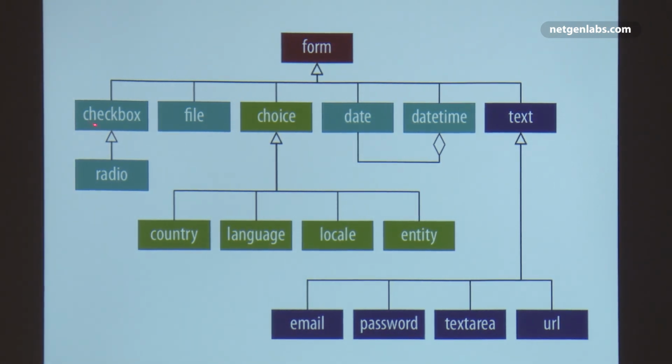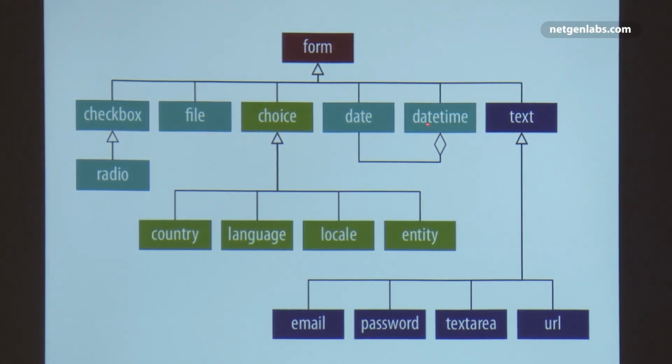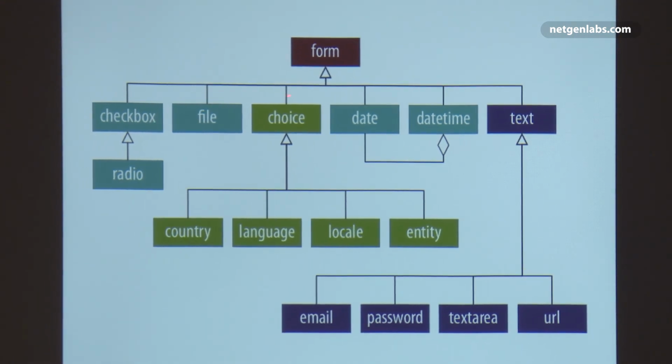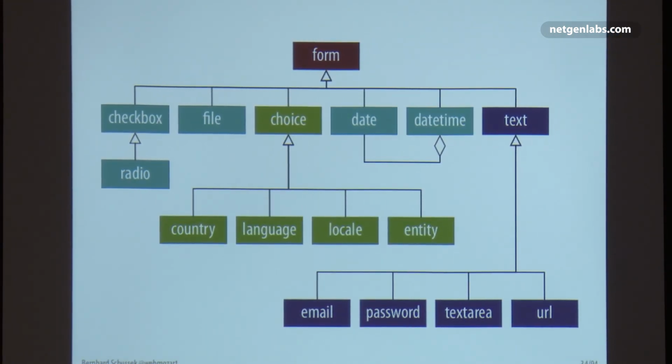And then there's types inheriting from form directly, like checkbox, file, choice, which is a drop-down, date, date time. Date time actually consists of a date field and a time field, text, and then we have a few more fields that inherit from text, and then a few more fields that inherit from the drop-down choice. For example, country, which is a drop-down of countries, language, which is a drop-down of languages, etc.